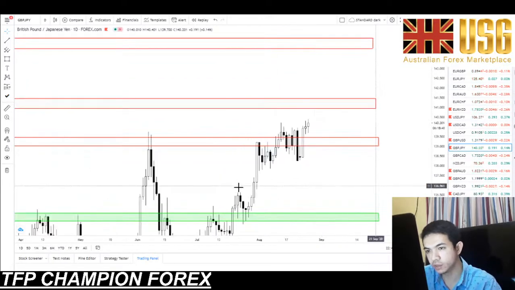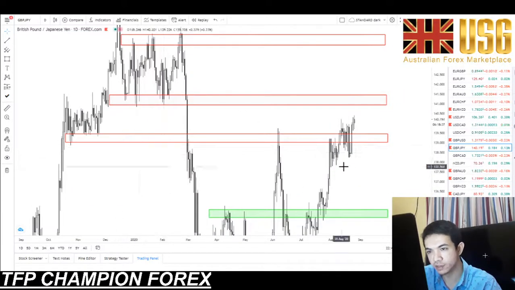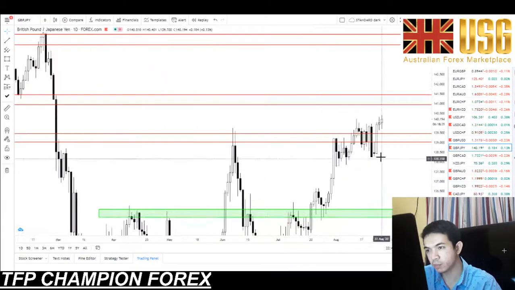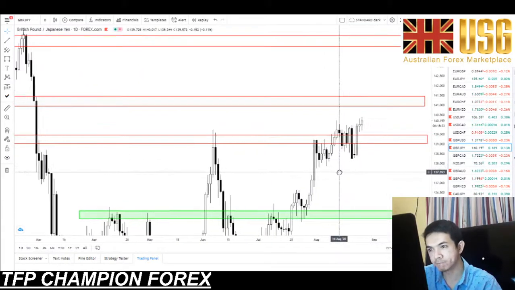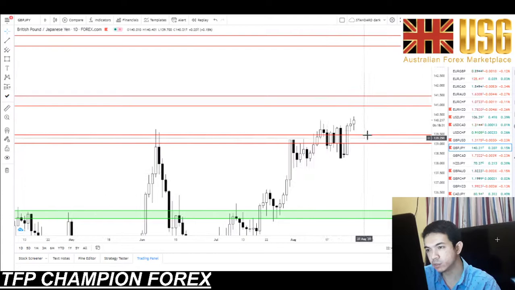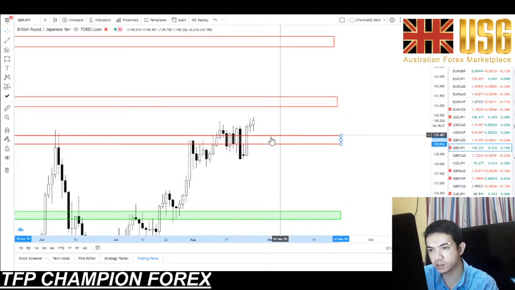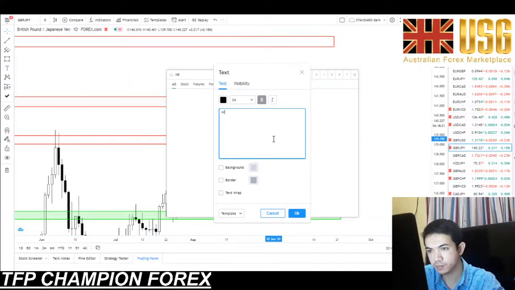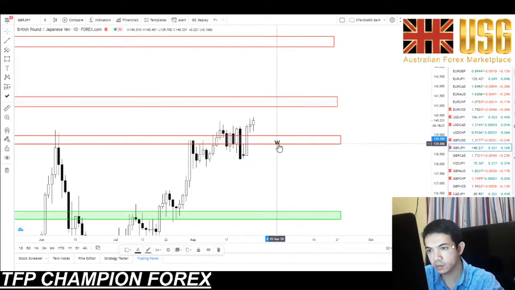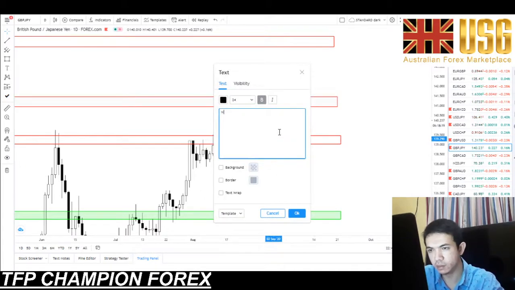Sorry, this was once your resistance, and since the price broke through this level, this will probably be your new support. So I will just put here a label, new support, right?